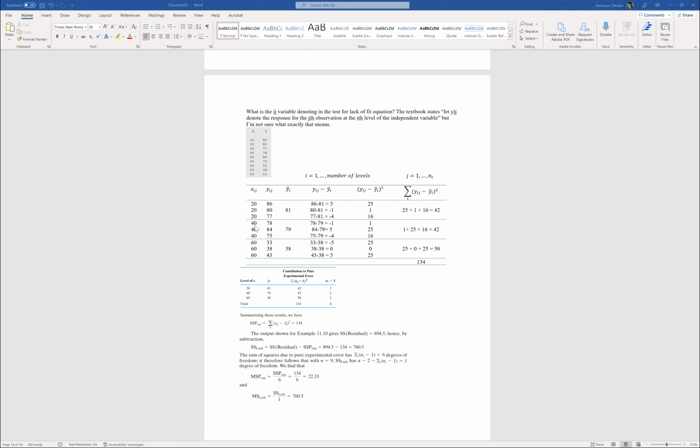The 40 would be x21, x22, x23. And then the 60s would be x31, x32, x33. So essentially, these are just denoting which level of x you're in. That's the i. And then the j tells you which observation you are at. Are you the first observation, the second, or the third?